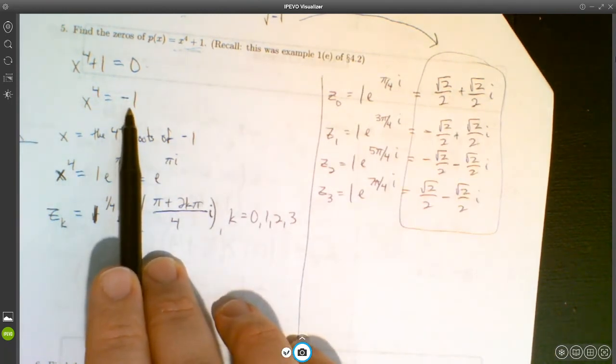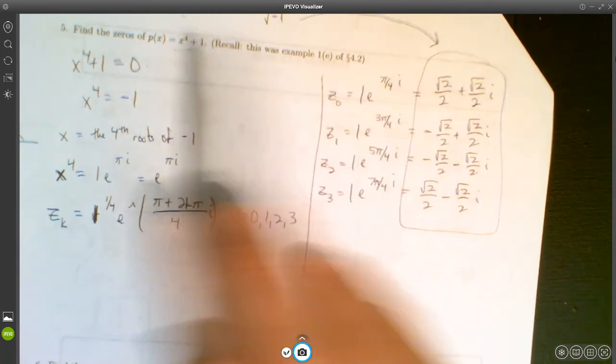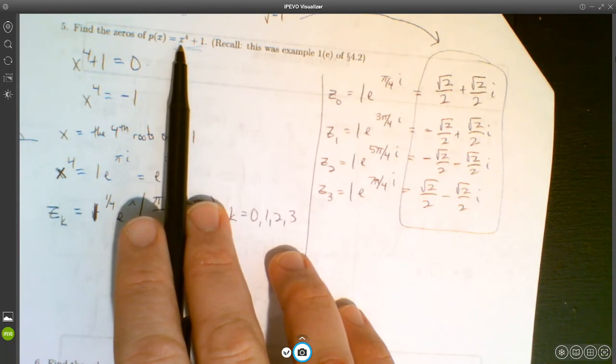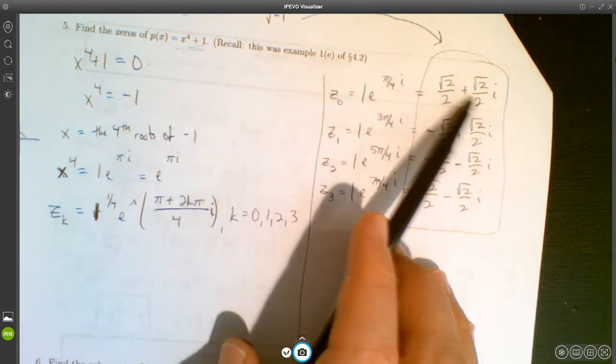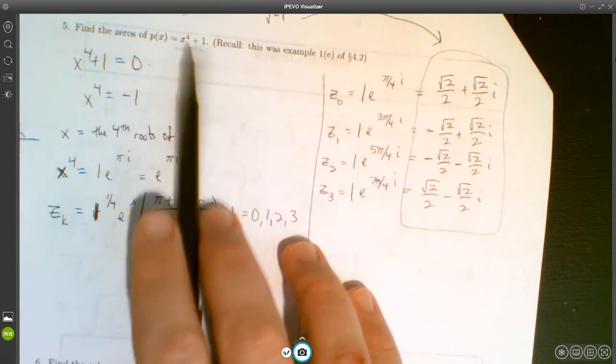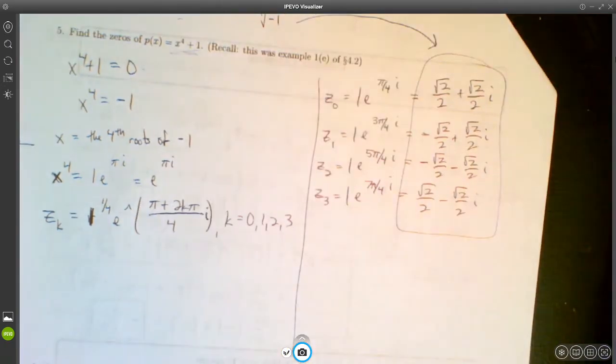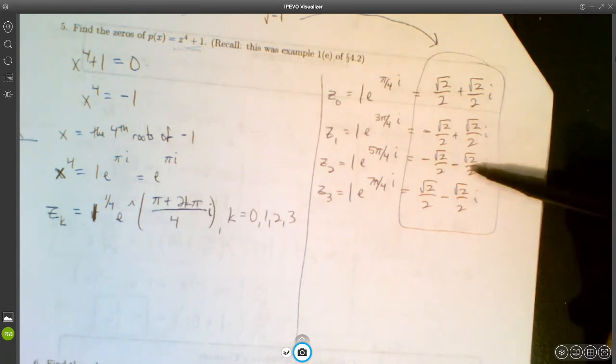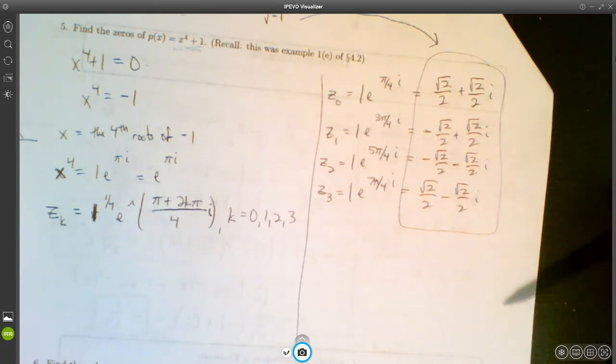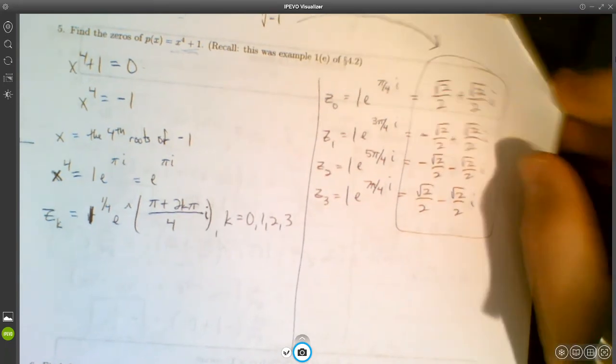Okay, so that's also kind of interesting. Another way to say that is that if you plug these results in for x here, you're gonna get 0, right? So if you plug in root 2 over 2 plus root 2 over 2i, raise it to the 4th power, and then add 1, you're gonna get 0. Same way with the other 3 solutions. Okay. I'll let you check that on your own if you want, but it is true.